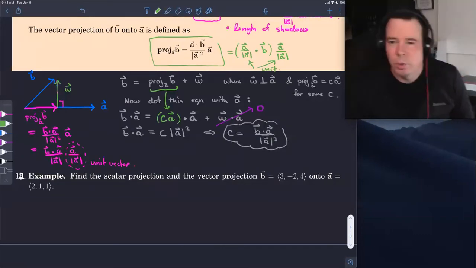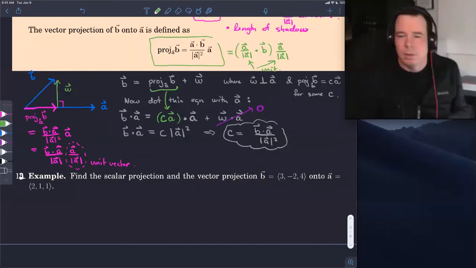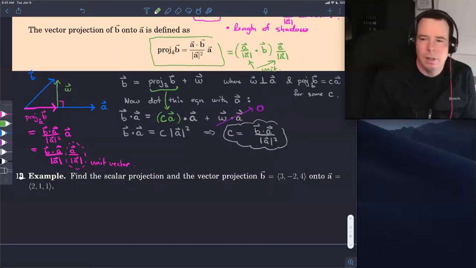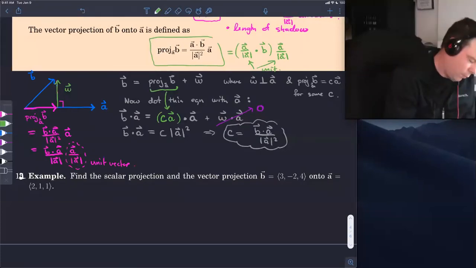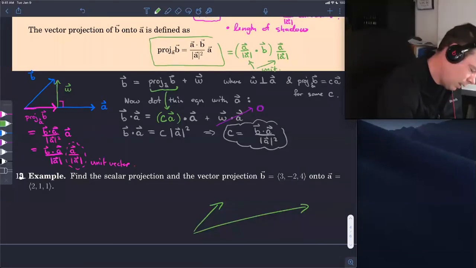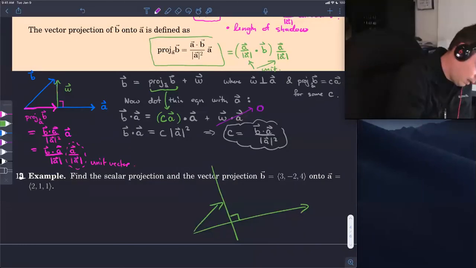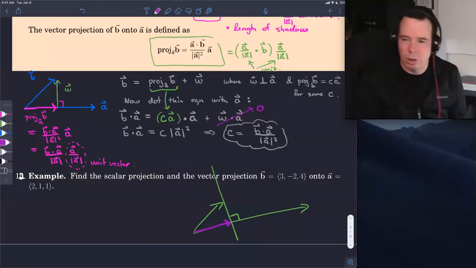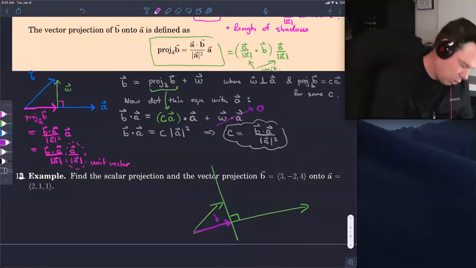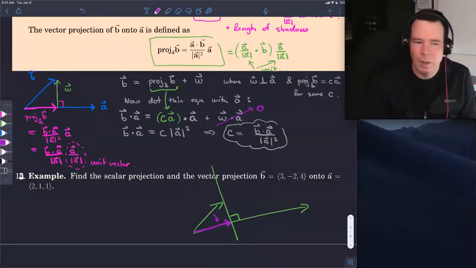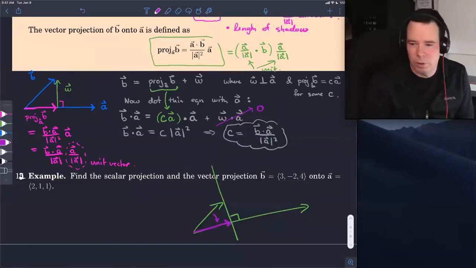So that's a good question. This idea of a shadow is just to conjure up an image in your own mind about what we're actually doing. The idea is, if I have two vectors, I'm taking a perpendicular to one of the vectors that passes through the tip of the other. And this is the projection now. That's the projection down onto there. So the bottom line of what we're doing is we're just saying how much of it points in the direction.